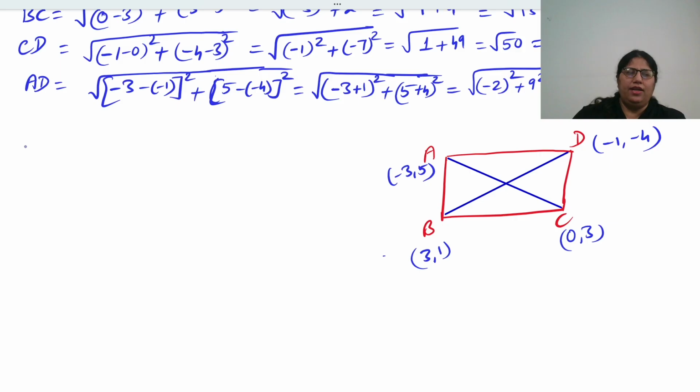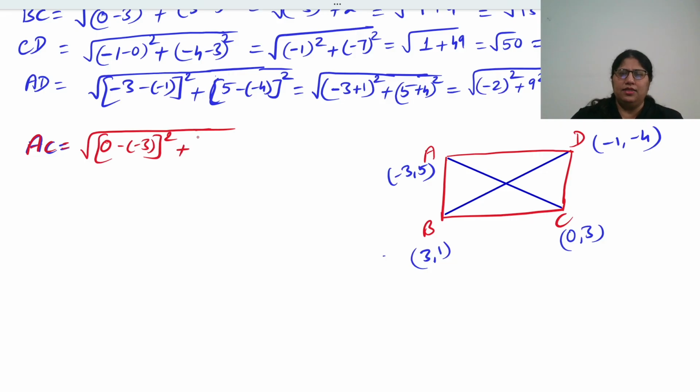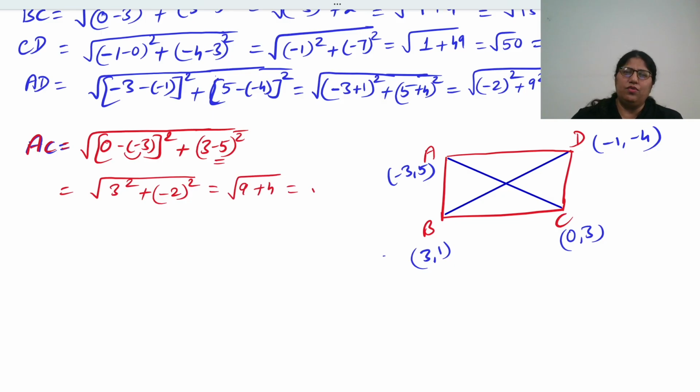So here, if I take AC length, which is one of the diagonals, it is root of (0 minus minus 3) whole square plus (3 minus 5) whole square. If you do the simplification, negative of negative 3 will be positive 3. It will be 3 square plus minus 2 whole square. How much are you getting here? Root 9 plus 4, which is going to be root 13 units.